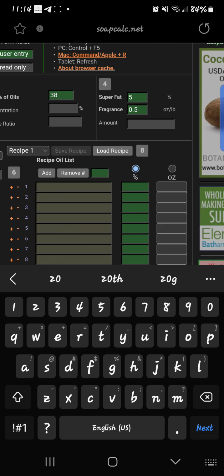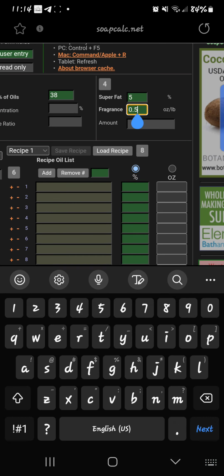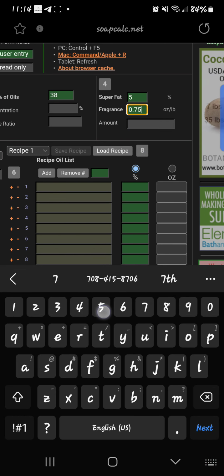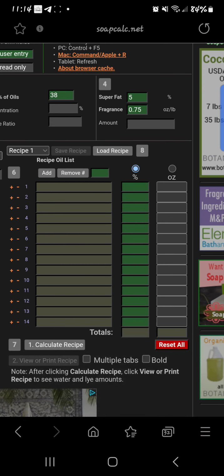And then next is the fragrance. Typically the fragrance amount is 0.5 to 1 ounce per pound of soap. So it always defaults to the lowest amount, which is 0.5 ounce, but you can increase this to, let's say, 0.75 ounce, which is in the middle, or you can go as high as 1 ounce per pound of soap.